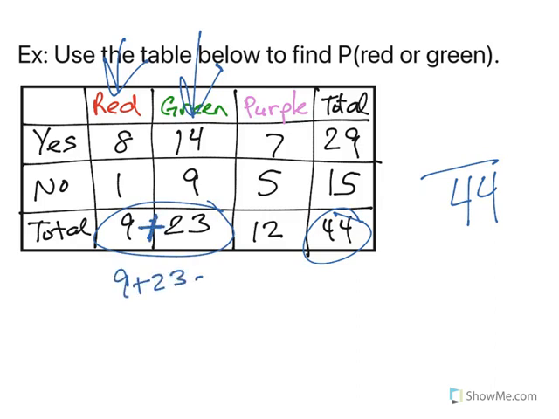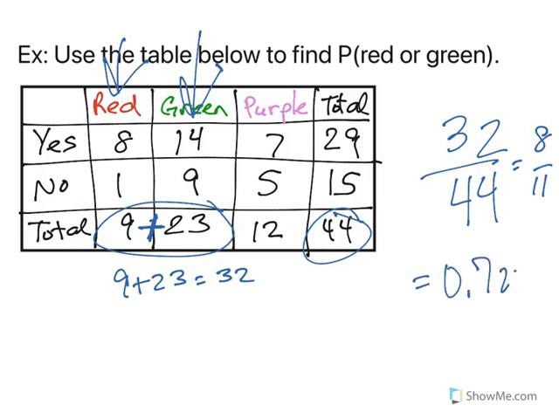And 9 plus 23 is 32. So I'll end up with 32 over 44. Those are both reducible by 4, so this reduces to 8/11ths, which as a decimal is 0.7273 to the nearest 4 digits. And that is playing with a table with mutually exclusive elements.